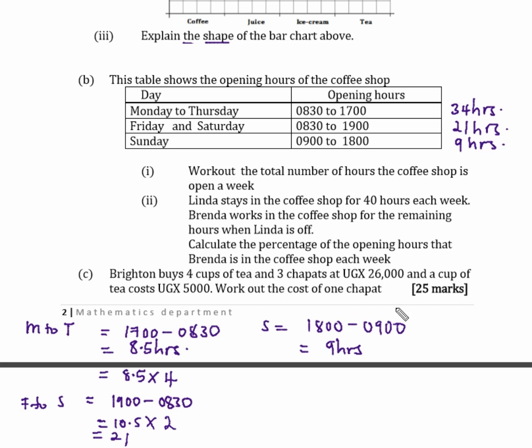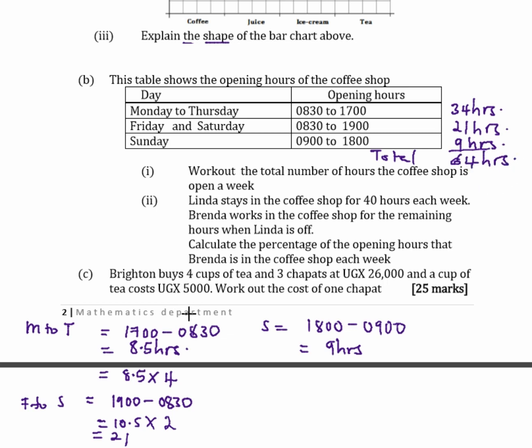Don't forget that they are telling us work out the total number of hours the coffee shop is open a week. So we are going to find the total down here. We shall say 34 hours plus 21 hours plus 9 hours. And those are 64 hours when the coffee shop is open.